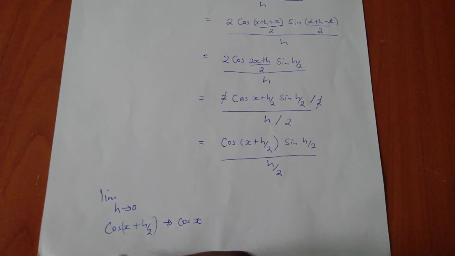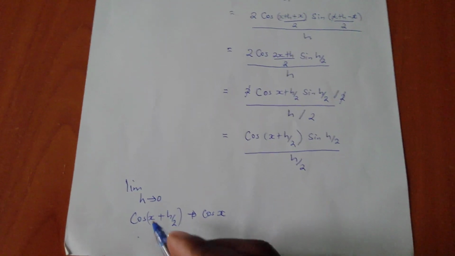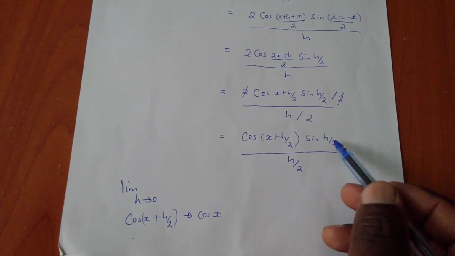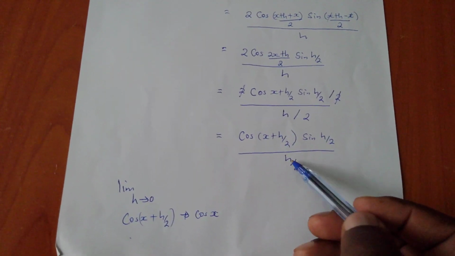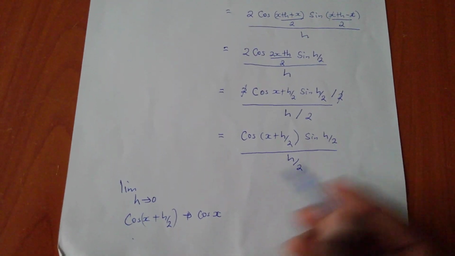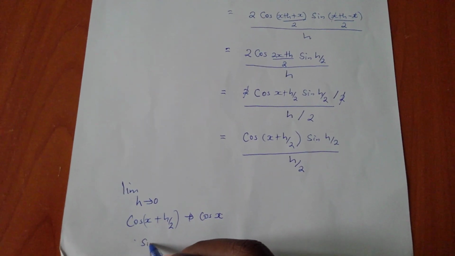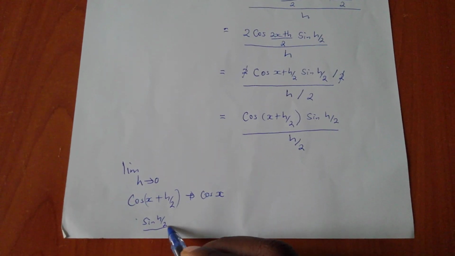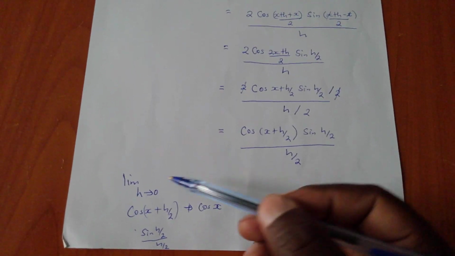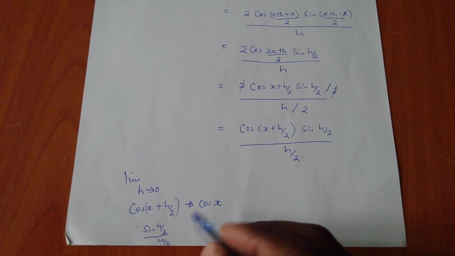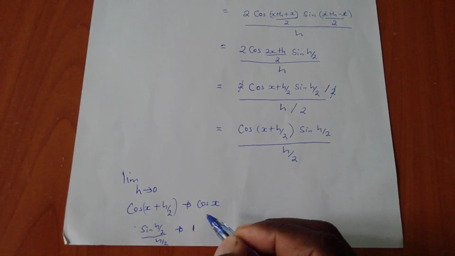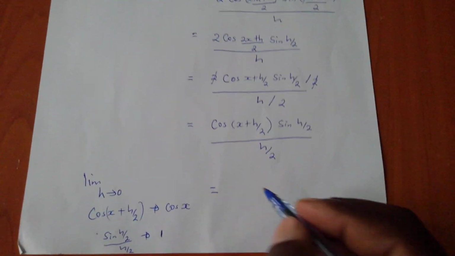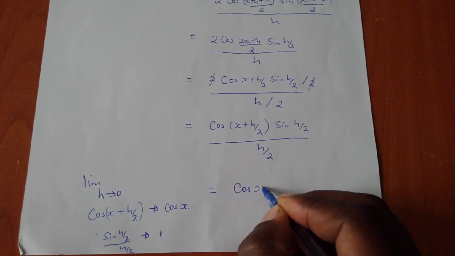And also, remember this one is dividing the whole of the numerator. So I'll remain with sine (h over 2) over (h over 2) with h tending to 0. This one will tend to 1. So my answer eventually will emerge as cos x.